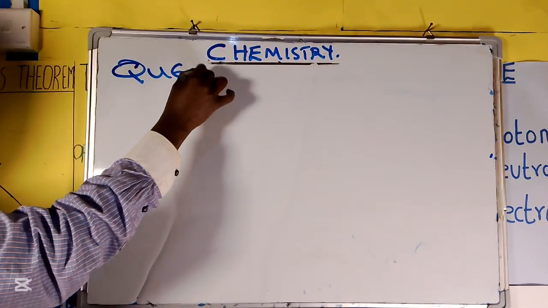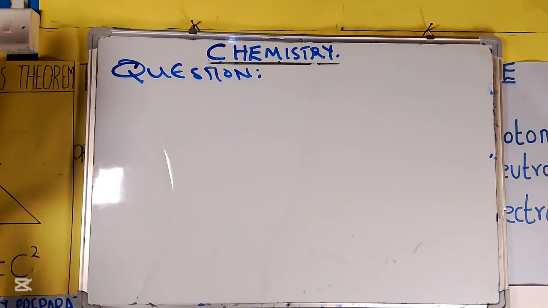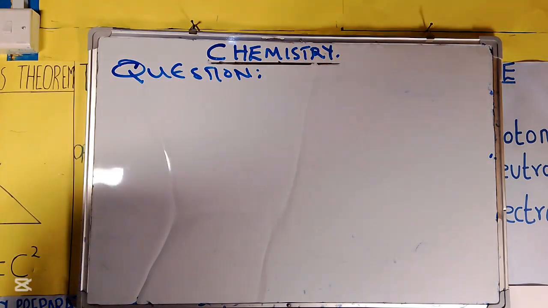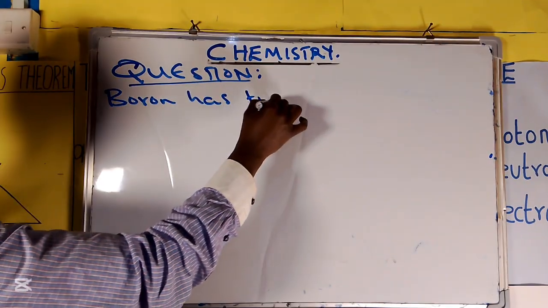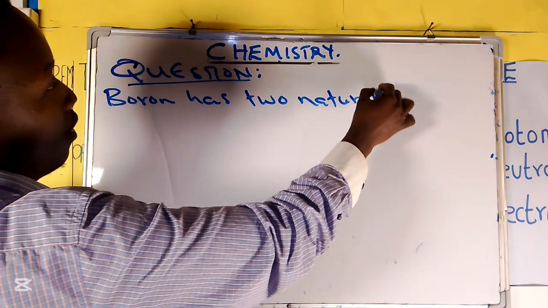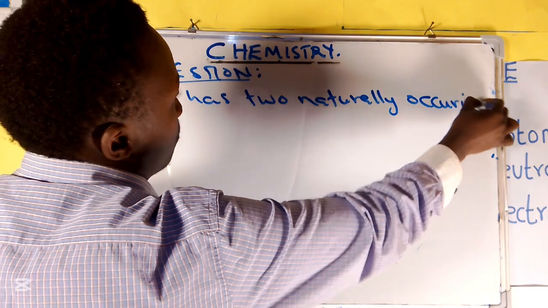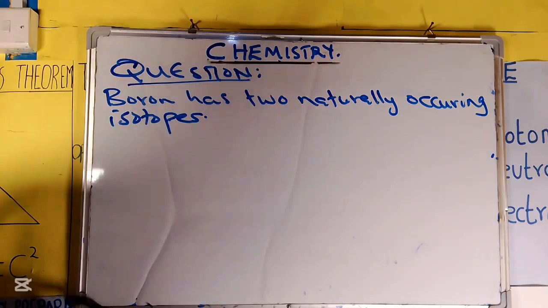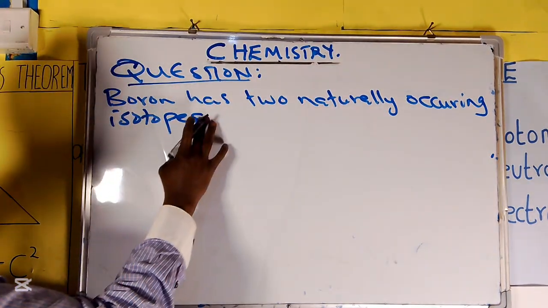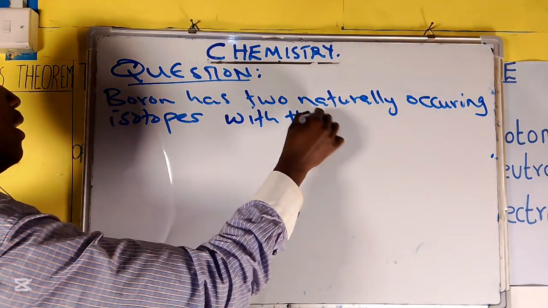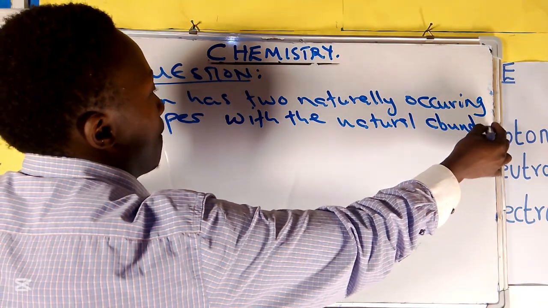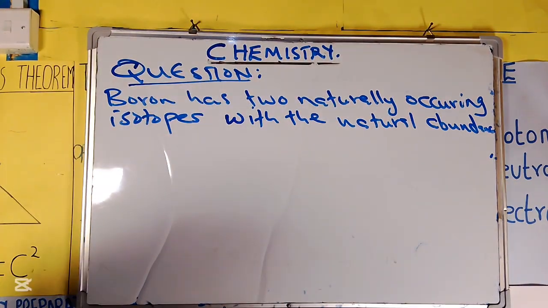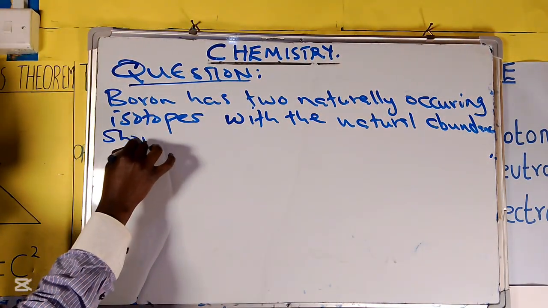We have a question here, and this question reads: boron has two naturally occurring isotopes, with the natural abundances shown in the table below.